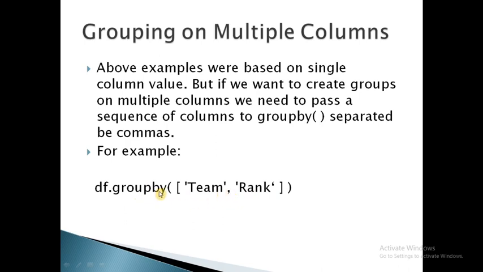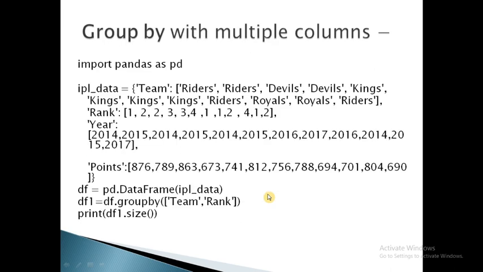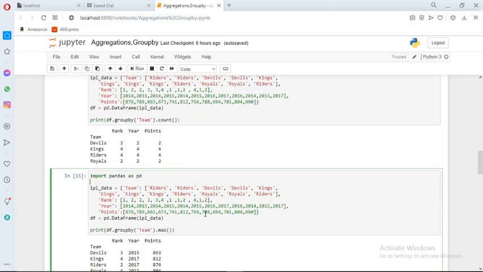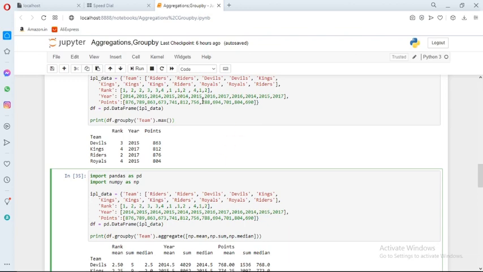We will write df.groupby with team as the first column and rank as the second. Let us see what it will display. Similarly, you can use max, min, and all the aggregate functions.